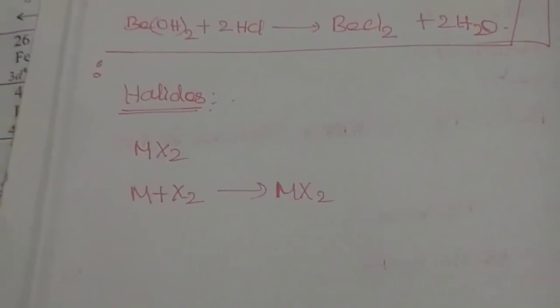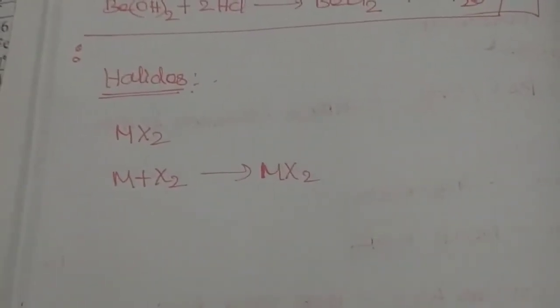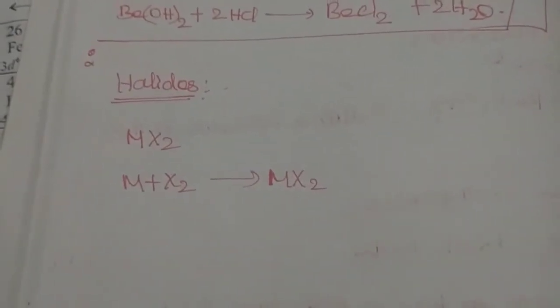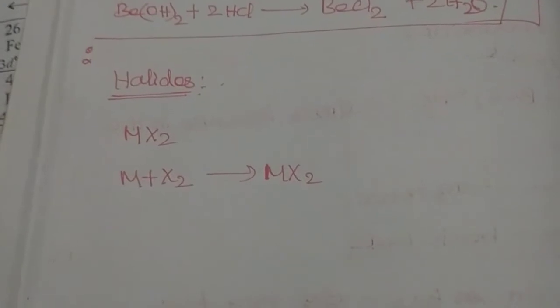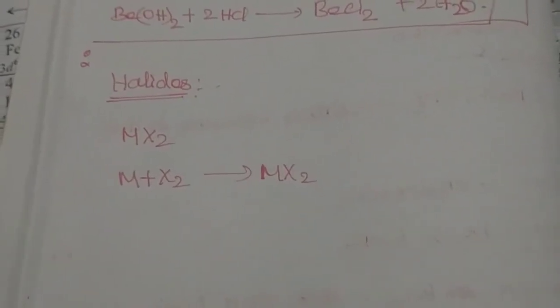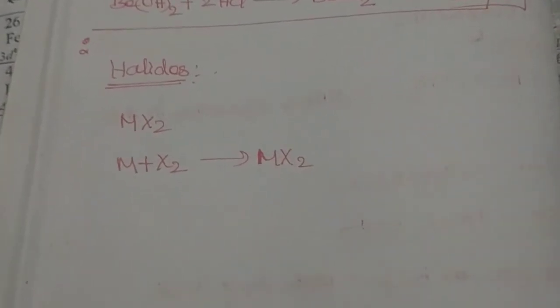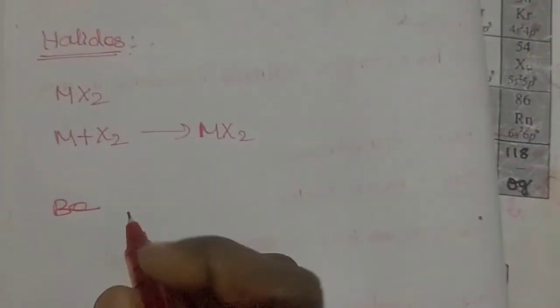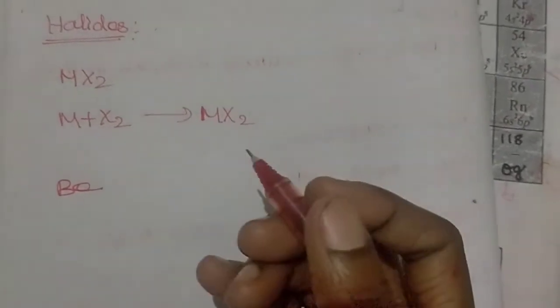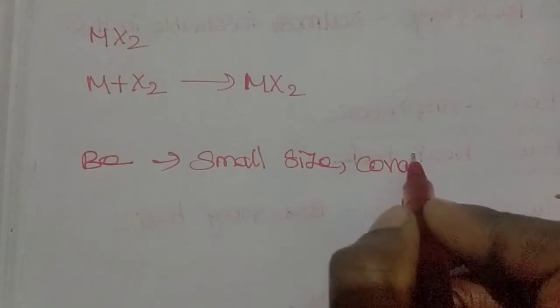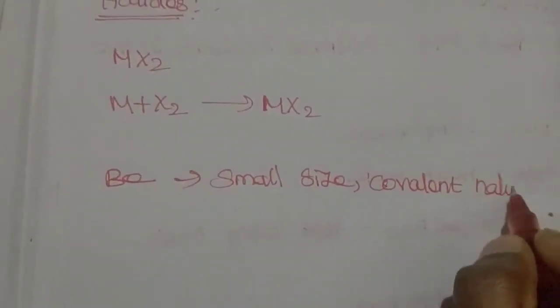The beryllium halides are an exception in this halide formation because they are covalent in nature. They are smaller in size, Be2+. So beryllium halides are hygroscopic compounds. They fume in moist air and they are soluble in organic solvents. So what is the exception case? Beryllium is an exception because of its small size and covalent nature.